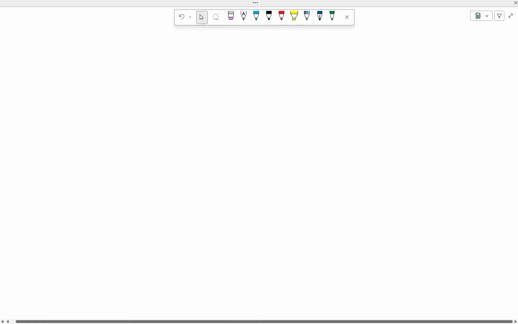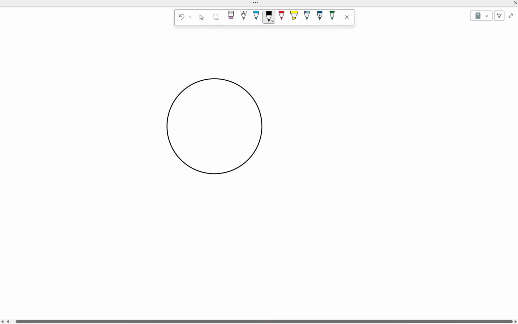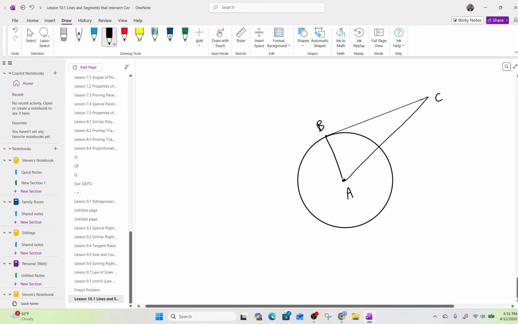So, new problem. The outer shape working. Circle A, B, and C. And here's what we're given.